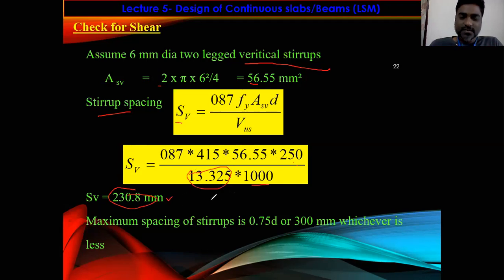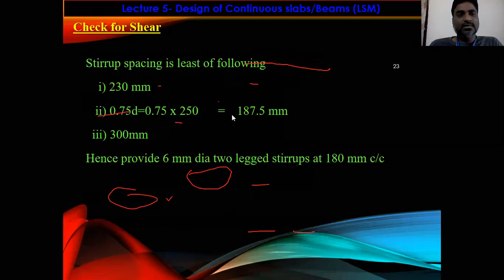But as per IS 456-2000, the maximum spacing should not be greater than 0.75 d for vertical stirrups or 300 mm, whichever is less. So corresponding to these values, the stirrup spacing is the least of the following, that is 230 and 0.75 d, that is 0.75 into 250, we get 187.5 mm, and it should not be greater than 300 mm.